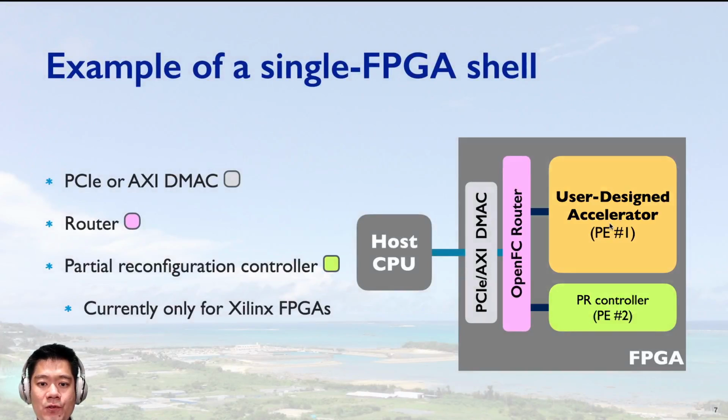Then the PE bitstream is loaded through the partial reconfiguration controller through PCI Express or XDMA. There may be more processing elements such as a DDR memory controller or high-speed serial link controller, any kind of control or status registers. It's up to the user's design.